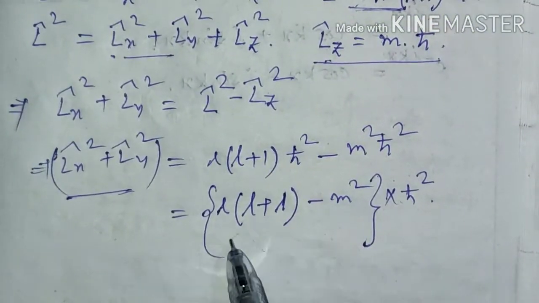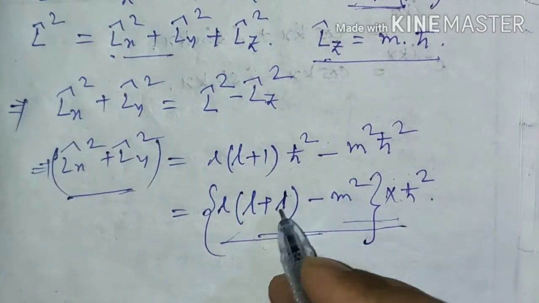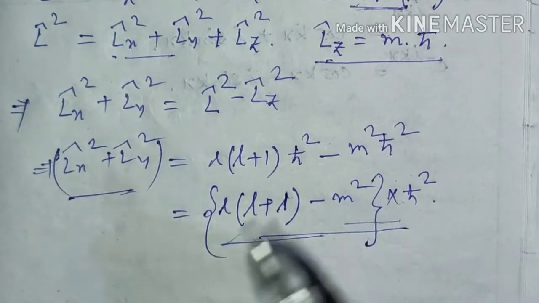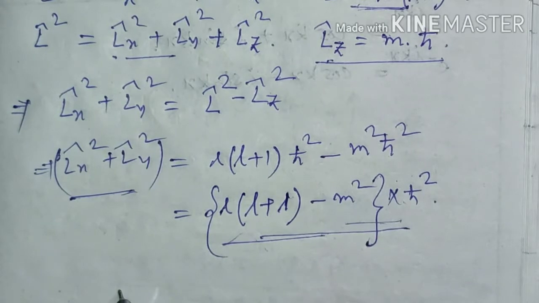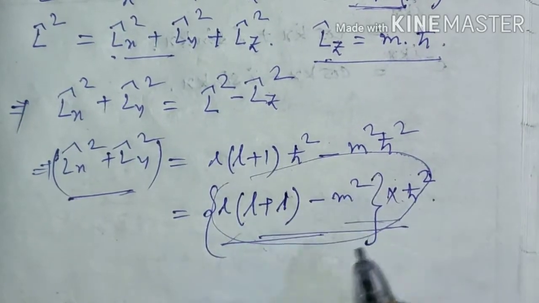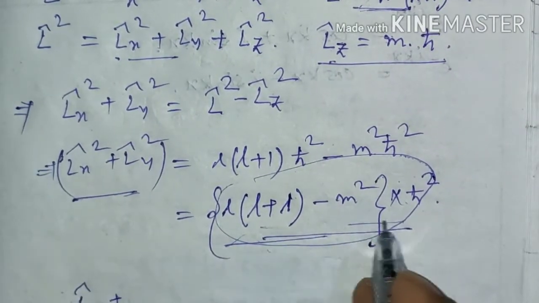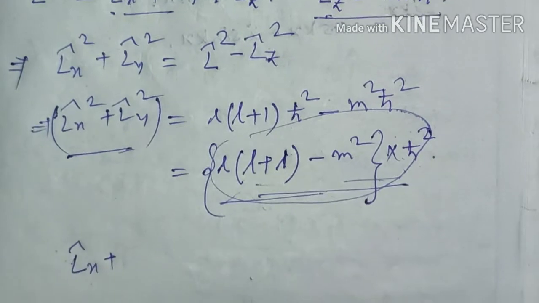Since here we can see that all the values are constant, if we operate this operator on the eigenfunction, we will end up getting this value with the eigenfunction, since all the values are constant parameters.